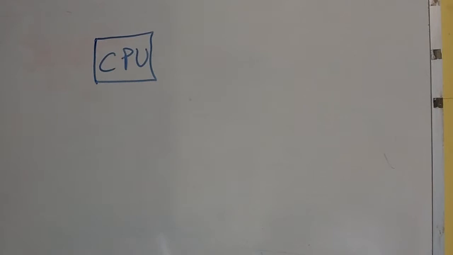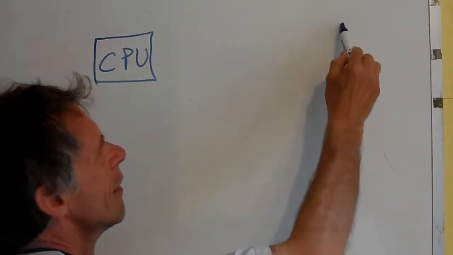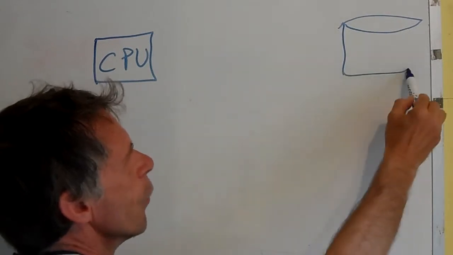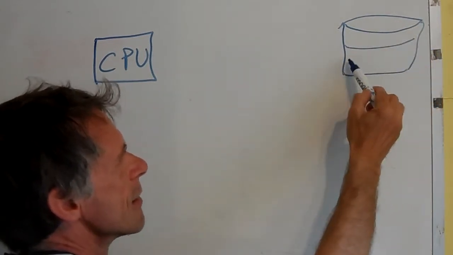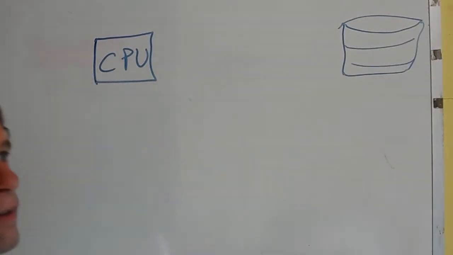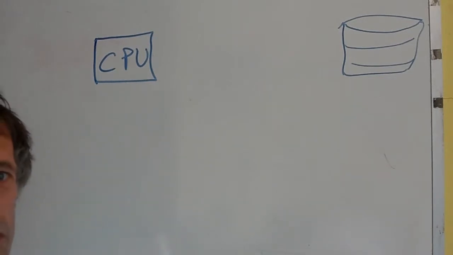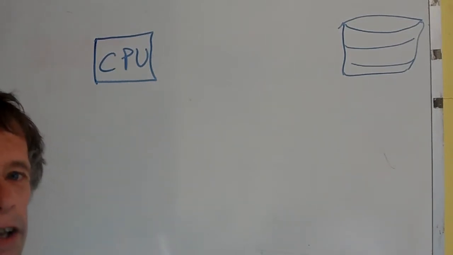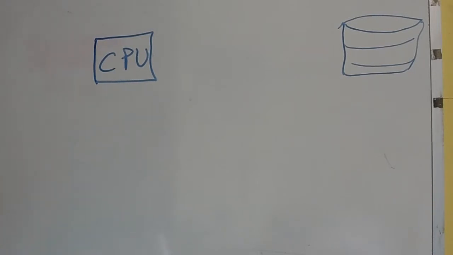But we also need that CPU to work on data, numbers. And that data might well be contained, even nowadays, in a hard disk, an actual physical piece of equipment that has to move. Of course, it might be something smaller and more flexible nowadays, but the same principles apply.